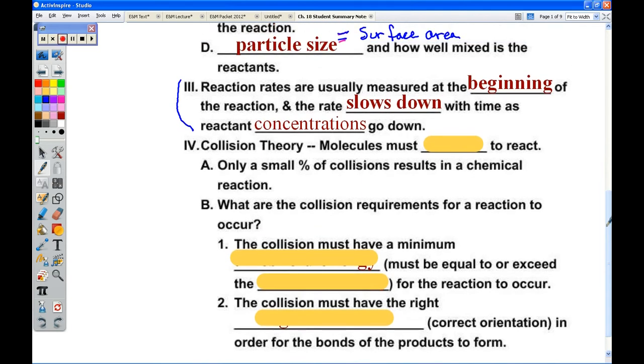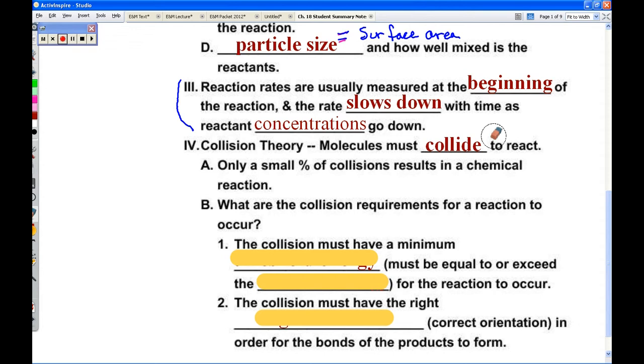All of this stuff, however, is based upon collision theory. Molecules must collide to react. They actually have to physically run into each other in order for them to react. So, only a small number of collisions results in a chemical reaction.